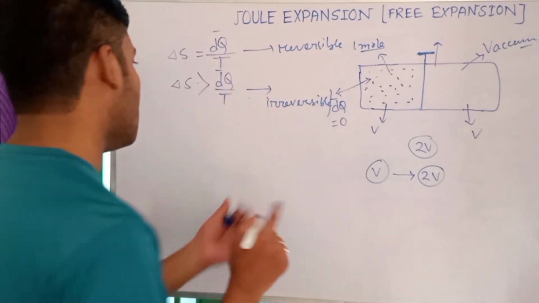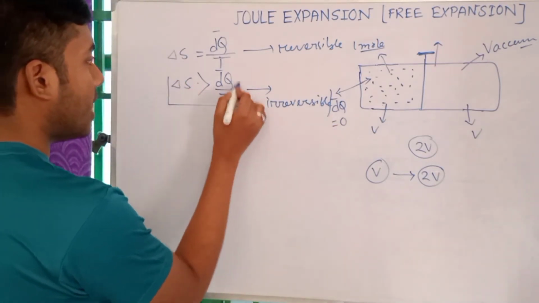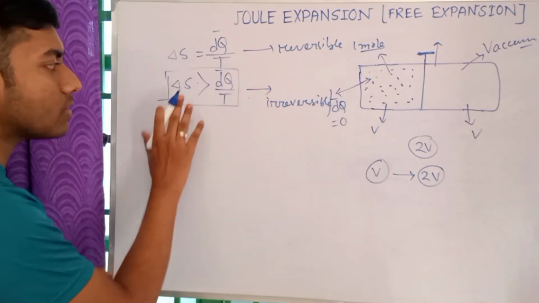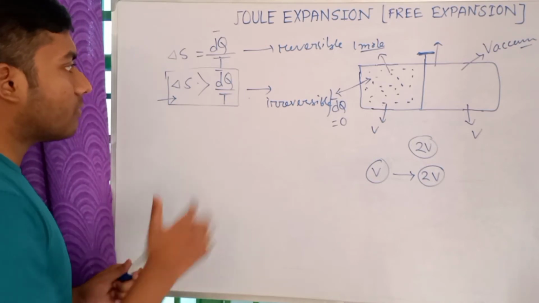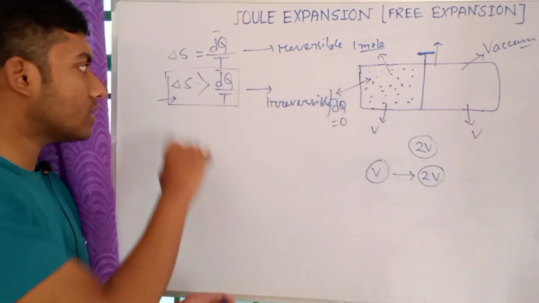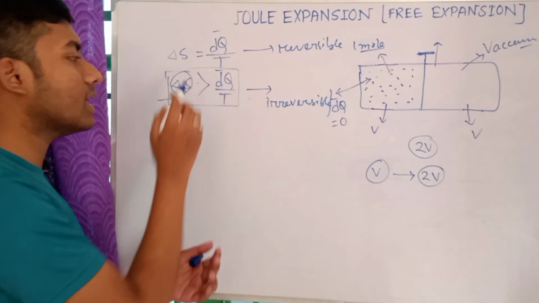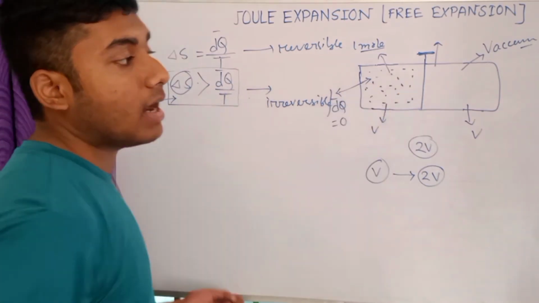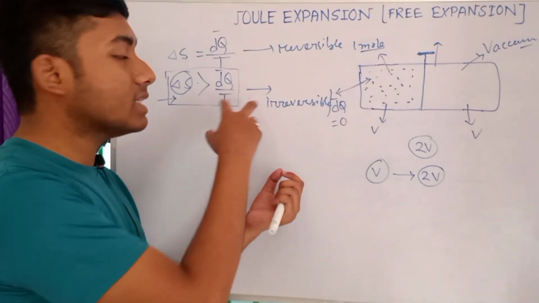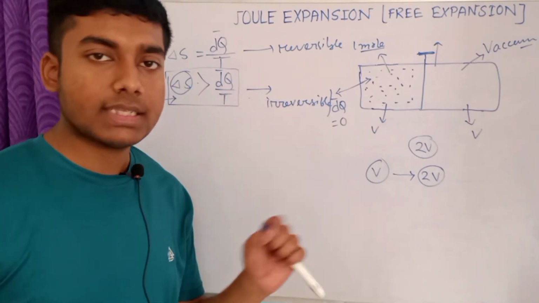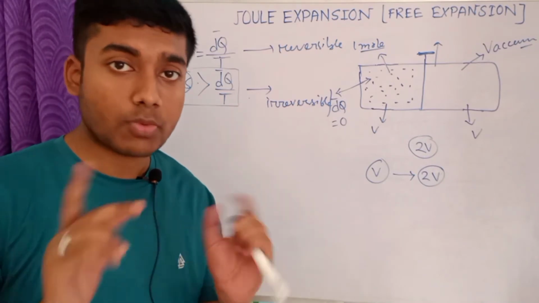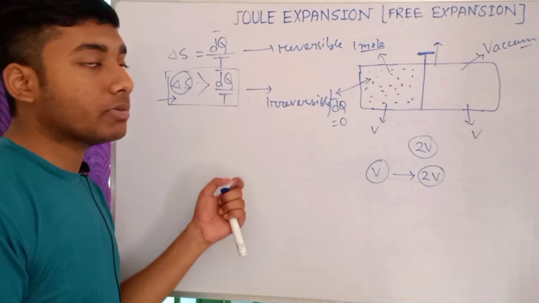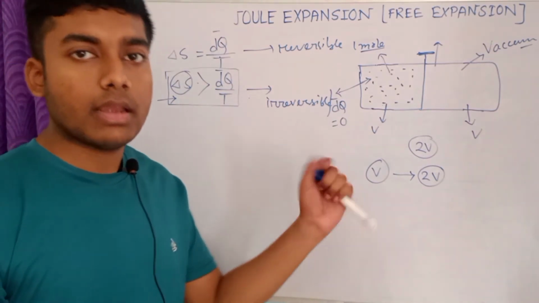This is an inequality, not an equation, so we cannot find the exact del S in this process. Yes, we can say that the change in entropy is greater than 0, that is positive, but we cannot exactly find the value of the change in entropy.